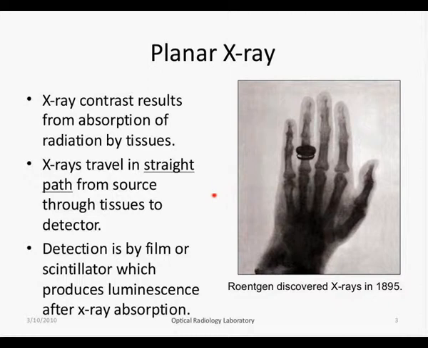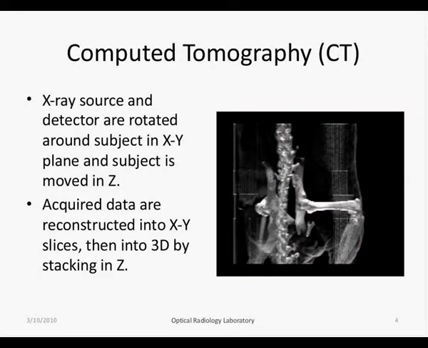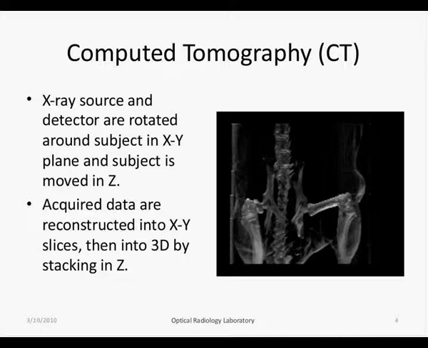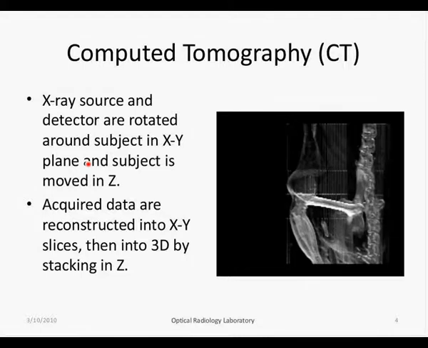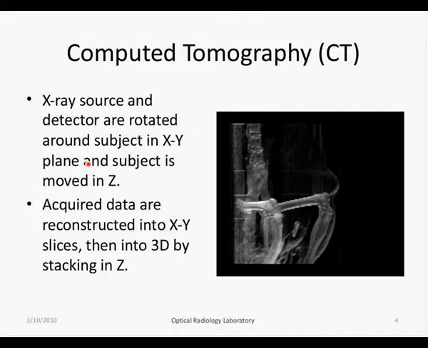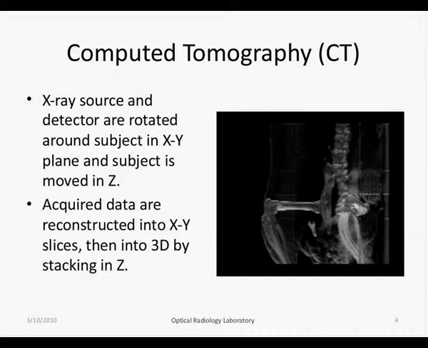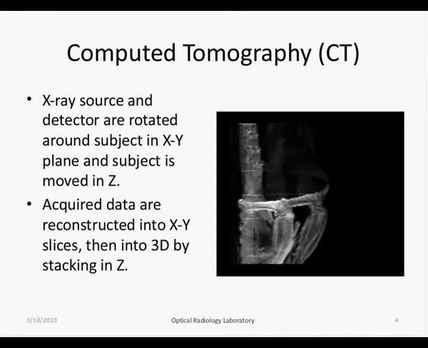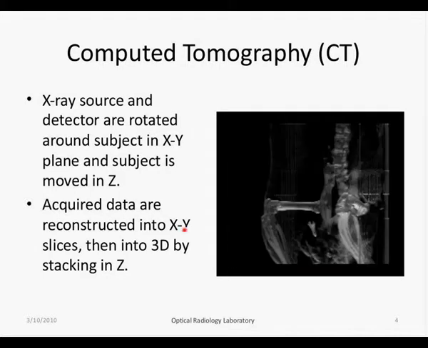The X-rays travel in a straight line from the source through anything in its path to the detector, where it's then detected by either film or by a scintillator, such as sodium iodide crystals or other newer materials, which produce luminescence upon absorption of the X-rays, and that luminescence is detected by a photodetector, such as a photodiode or a CCD camera.